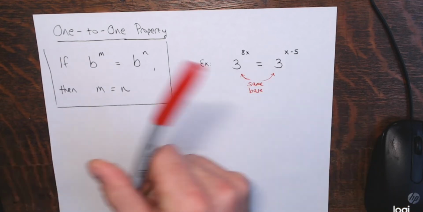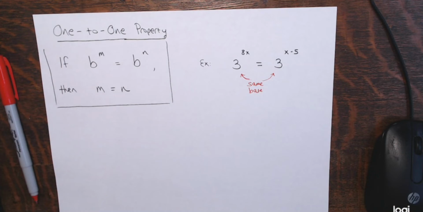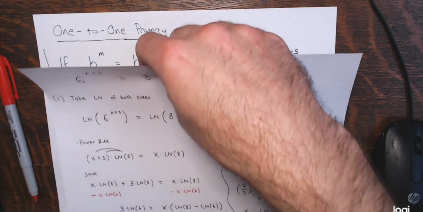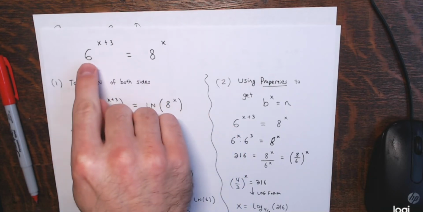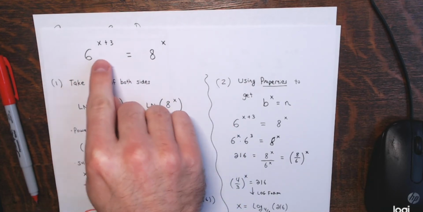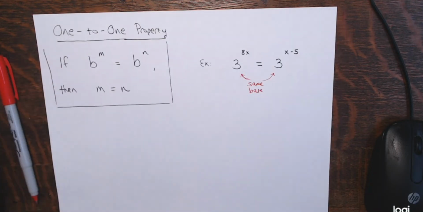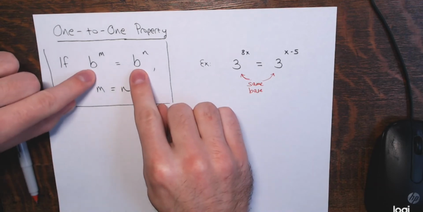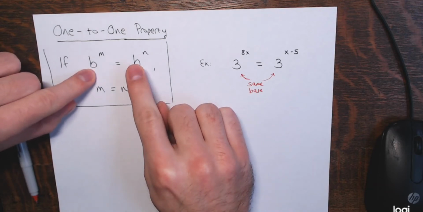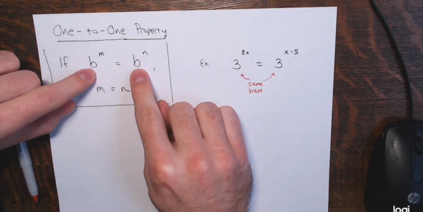And you notice I didn't do this property in the last problem, because these had different bases. Base 6 on the left, base 8 on the right, so you can't use the one-to-one property there. You can only use the one-to-one property if the equation is written like this: b to the m equals b to the n, same base to some power on both sides.